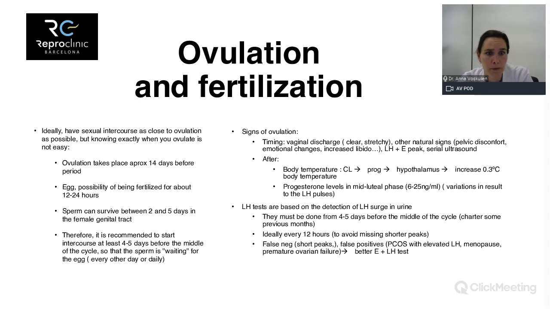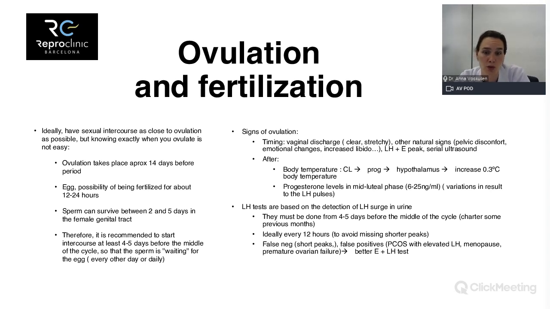Another thing that we could do at home, actually, what could we do at home? The LH tests that are based on the detection of the LH surge in urine, and actually this must be done from 4 or 5 days before the middle of the cycle or before the time that you think that you're going to ovulate.